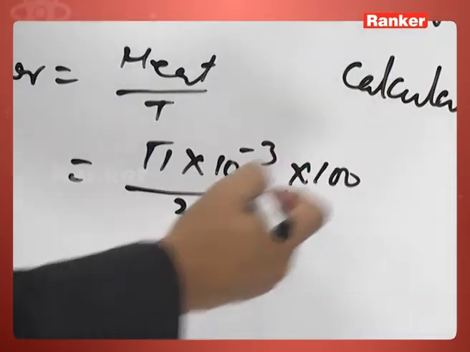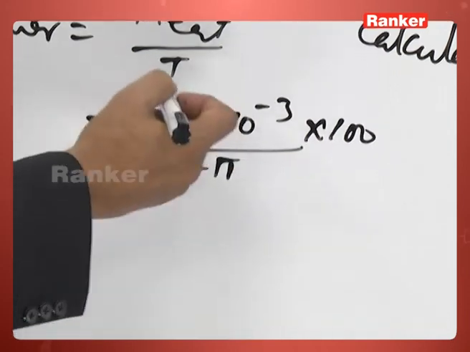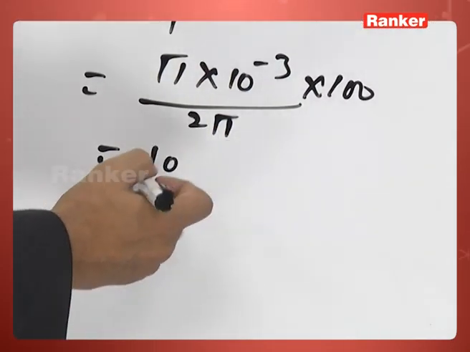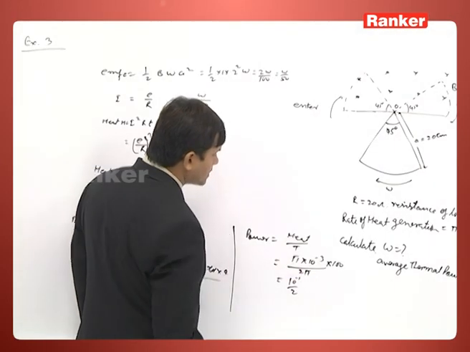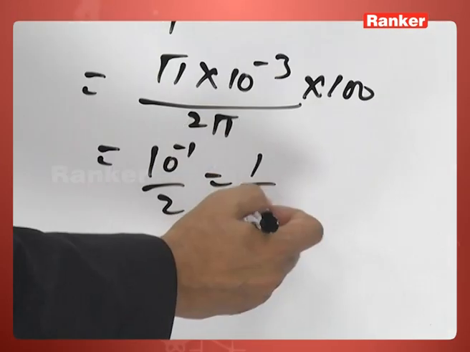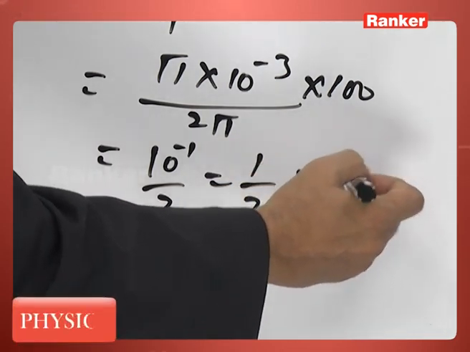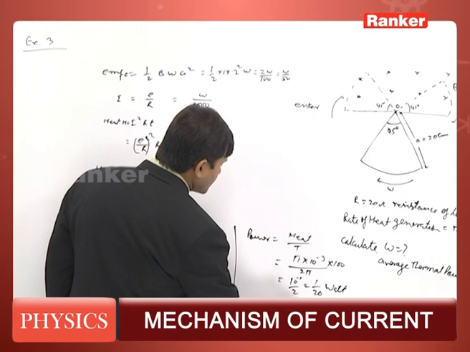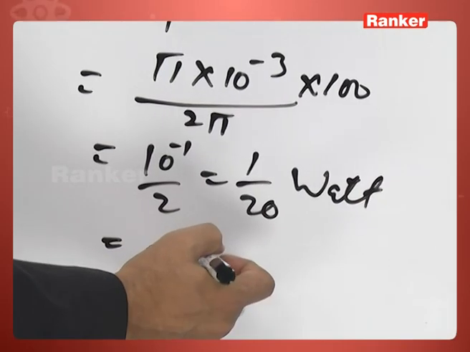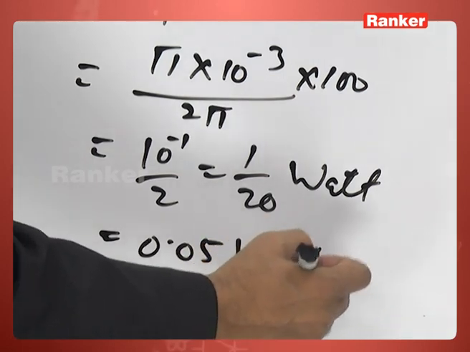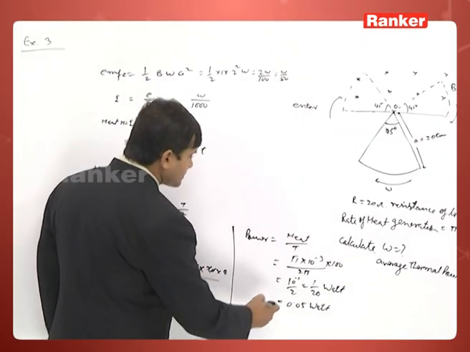Omega is 100. So here 10 power minus 1 by 2, or 1 by 20 watt, which means 0.05 watt. This is the power.